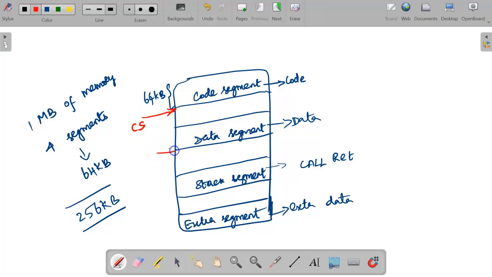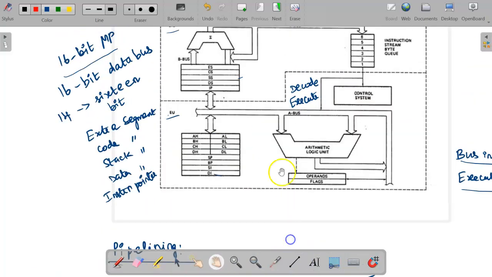The data segment base is pointed to by the data segment register. The base address of the stack segment is pointed to by the stack segment register. Similarly, the base of the extra segment is pointed to by the ES register, that is the extra segment register. So in the block diagram we have ES, CS, SS, DS. These are registers, not segments.